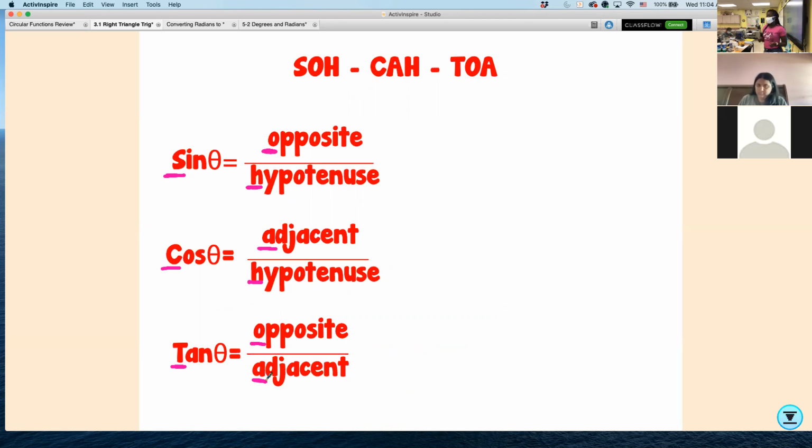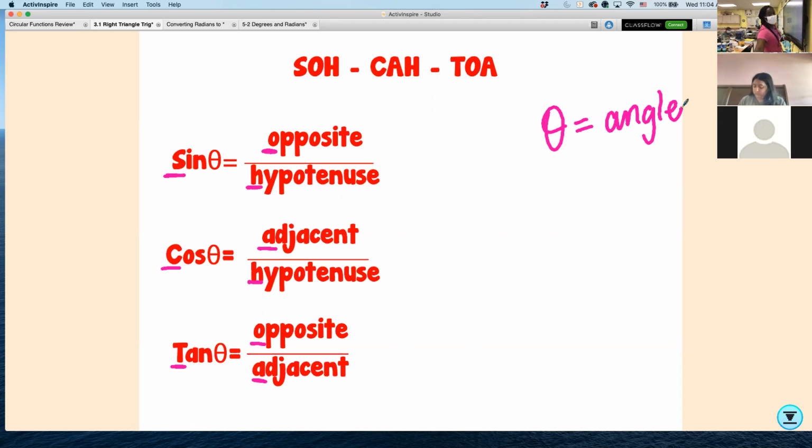You do need to make sure that you include the angle beside each of the trig functions. That's what theta represents. So theta is your general symbol that's used to represent an angle. Okay. And all your three trig ratios are always attached to an angle. Now there are three others.